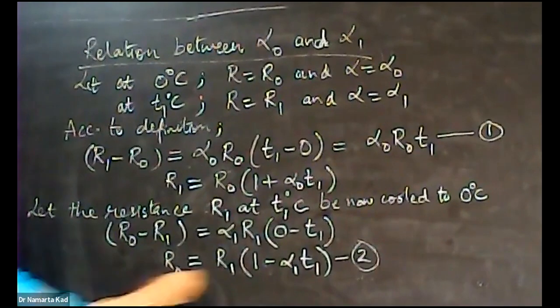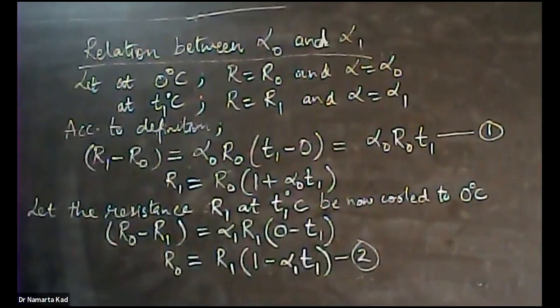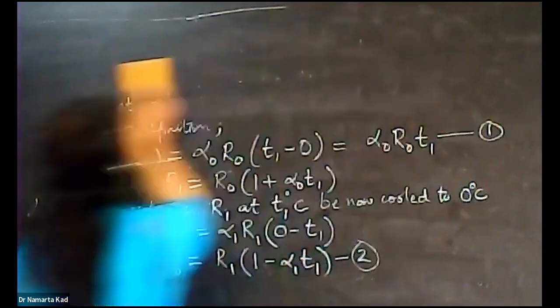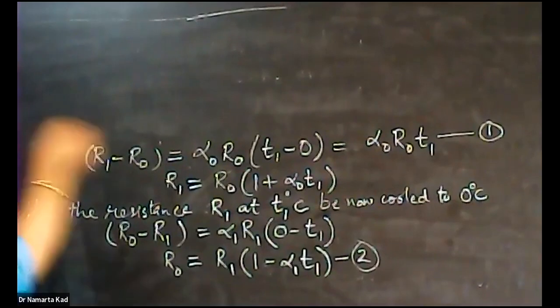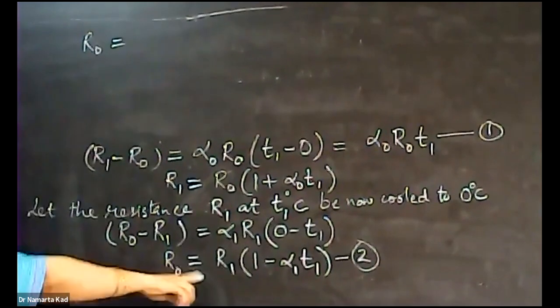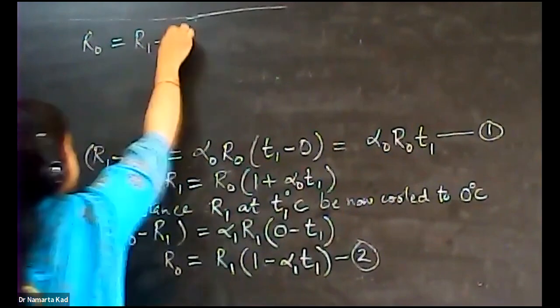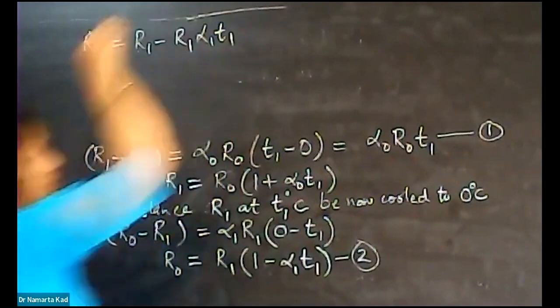Okay, now from this equation number 2, it can also be written as R naught is equal to R1 minus R1 alpha 1 T1.